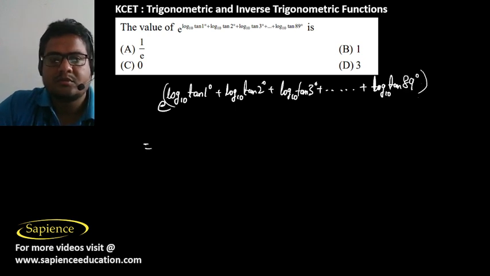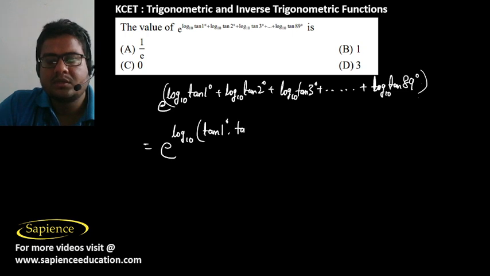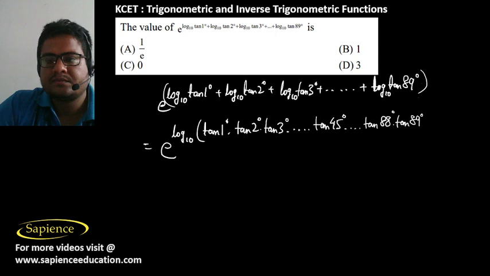So now this can be written as e to the power log base 10 of tan 1 degree into tan 2 degree into tan 3 degree into, here tan 45 degree also will come, and tan 88 degree, tan 89 degree, these will also come.